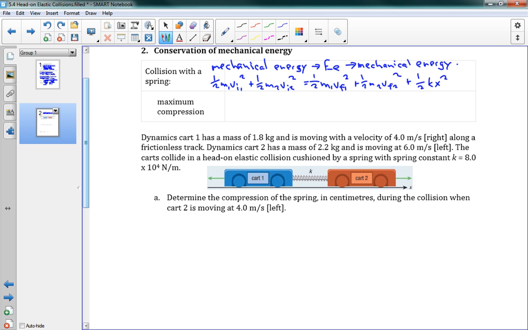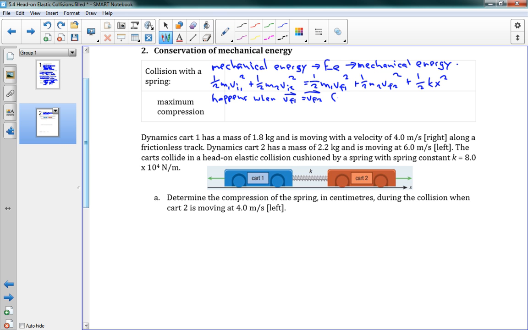Once it starts pushing them apart again, their velocities are going to change again. But when it's at its max compression, it's not pushing them apart or pulling them together, and so they're moving together, same velocity. So our equation for that, well, I guess first I'll say here that this happens when the final velocity of one is equal to the final velocity of the other.